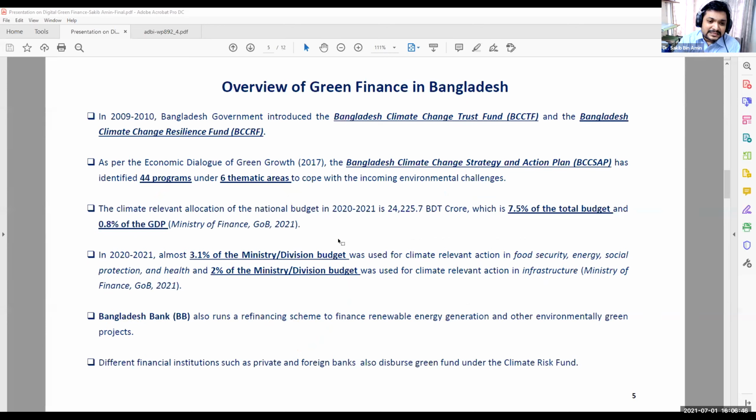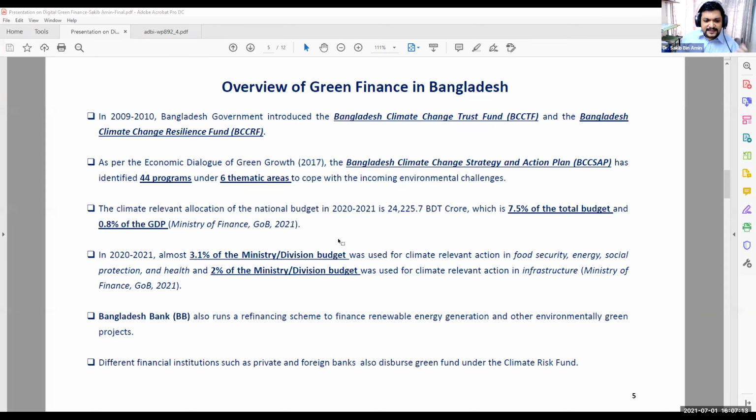To facilitate this funding, the Bangladesh government has also introduced an action plan, the Bangladesh Climate Change Strategy and Action Plan, where 44 programs have been identified under 6 different thematic areas so that we can utilize this fund more appropriately and more efficiently. Due to time constraints, I did not report the data, but it will be included in the book chapter.